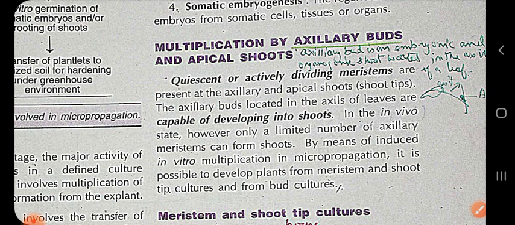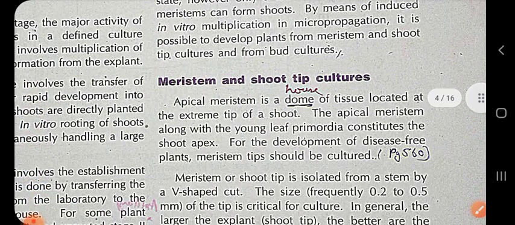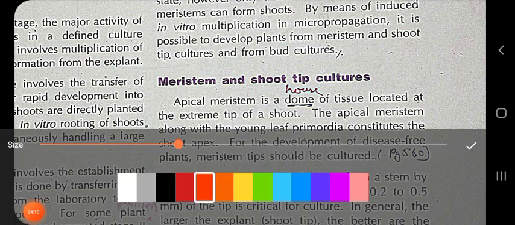So let us see how these axillary buds and the apical shoots can be used for micropropagation. The apical meristem is the dome of tissue located at the extreme tip of the shoot. The apical meristem, along with the young leaf primordia, which will give rise to leaves, constitutes the shoot apex. It looks just like this.